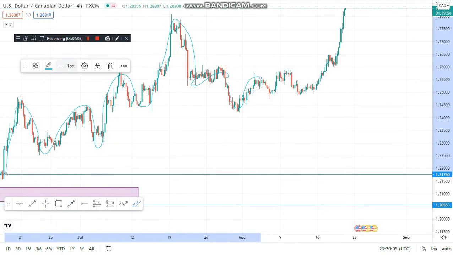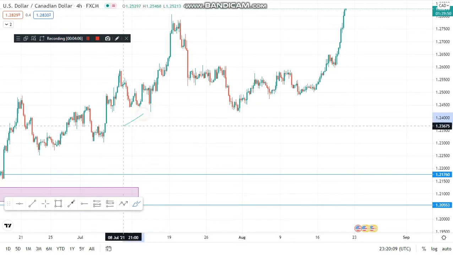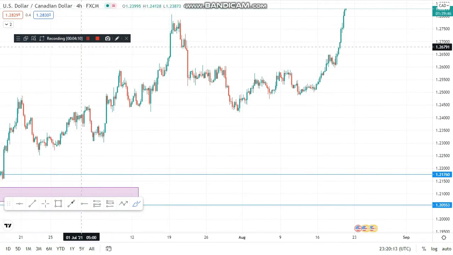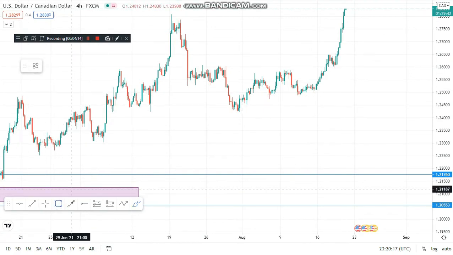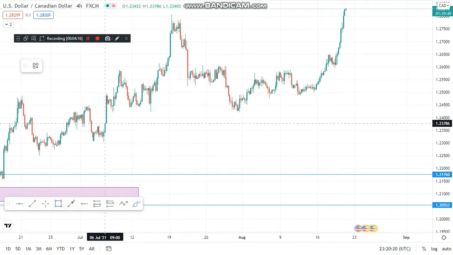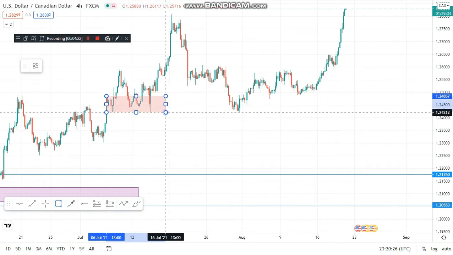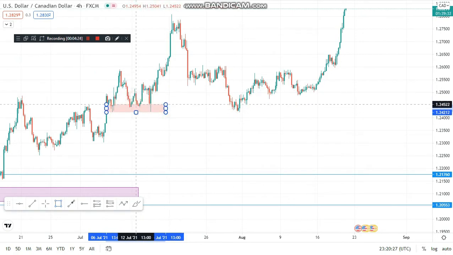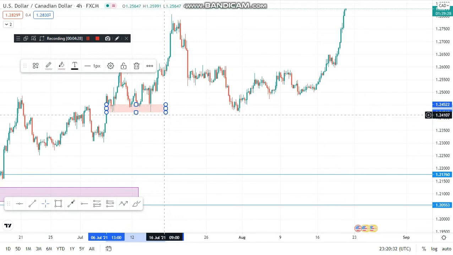So in this case, the first criteria you have to identify in the market is to spot the resistance, the first two touches. That is the most important thing. Now look at the first two touches here. These are the first two touches. First touch, second touch. And our support is confirmed.